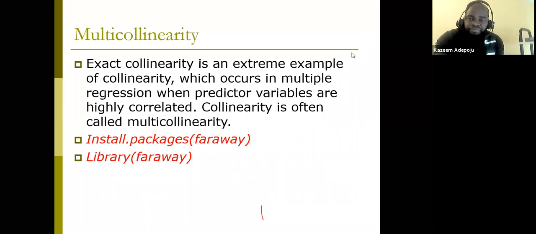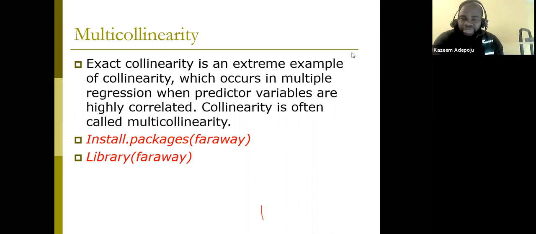Now, what I want to do is show you how you can investigate multicollinearity in statistical analysis. Multicollinearity could be exact, could be severe, or it could be moderate. To investigate multicollinearity, I need to load a package called faraway.